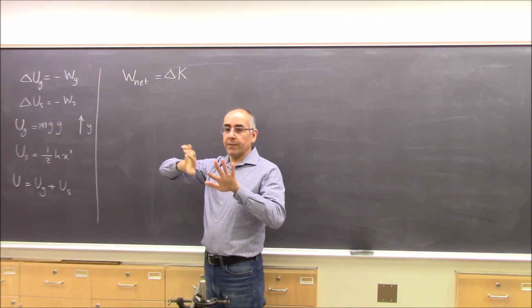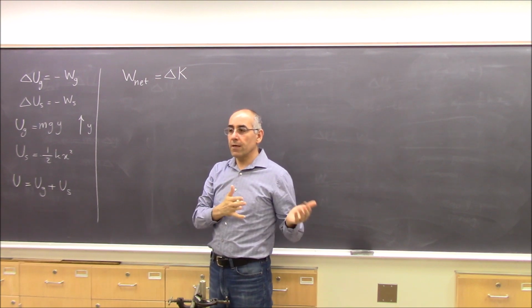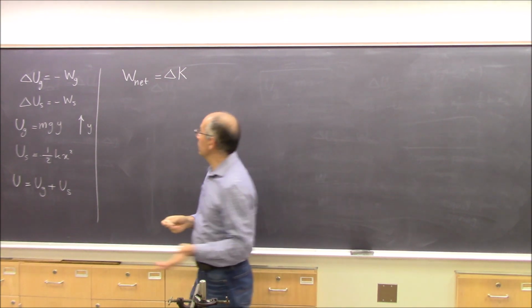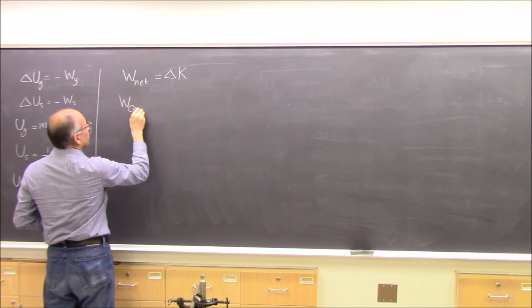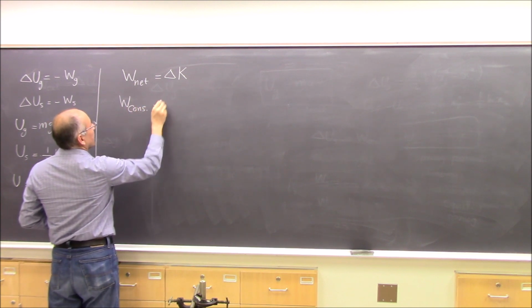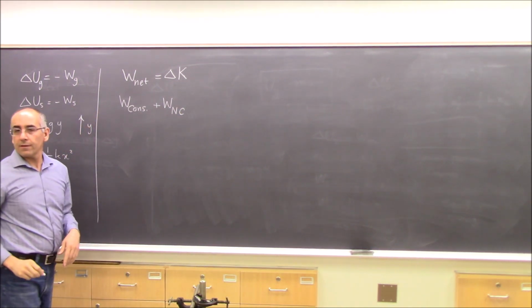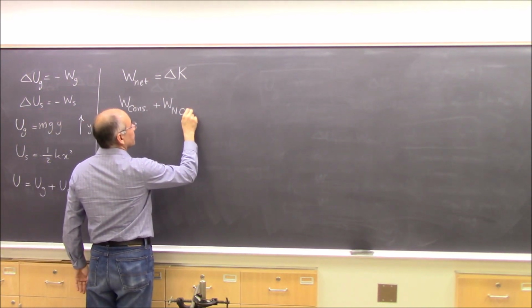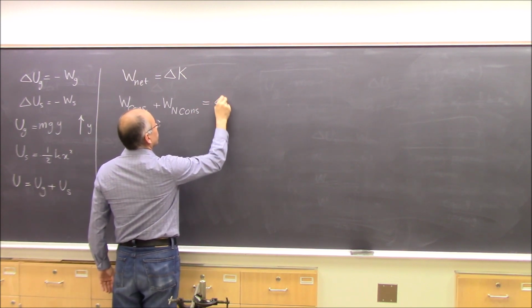I would like to separate these forces. Some of them are conservative forces, some of them are non-conservative forces. So I write W of conservative plus W of non-conservative equal to delta K.